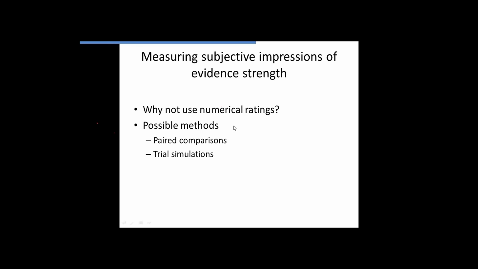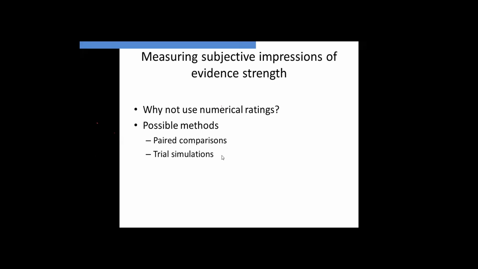Possible methods that seem to work better are two ways. One, researchers have used what we call a paired comparison method. I'll talk about that, where rather than rating the strength of a statement on a numerical scale, they rate the relative weight of two statements. I'll give you two statements, which one is stronger? That we get more reliable responses on.